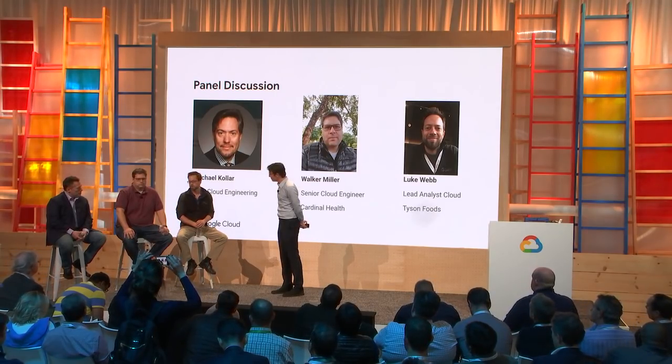Thank you. Luke? Hi. I'm Luke Webb. I'm on the cloud enablement team with Tyson Foods. So we're a food company. We did about $40 billion in sales last year across our 4 main BUs, which are beef, poultry, pork, and prepared foods. So we operate across multiple states and multiple countries, and our IT workforce is also spread across those locations.